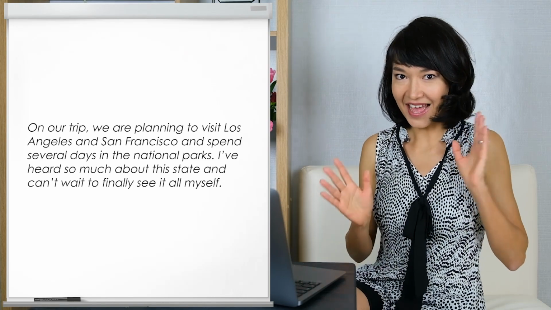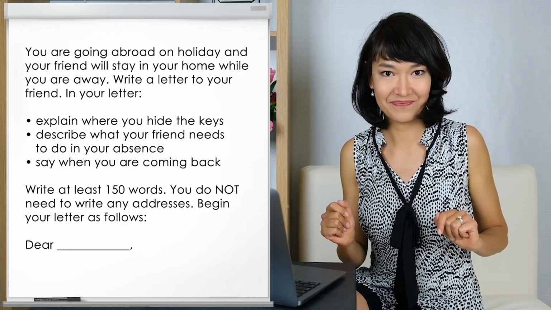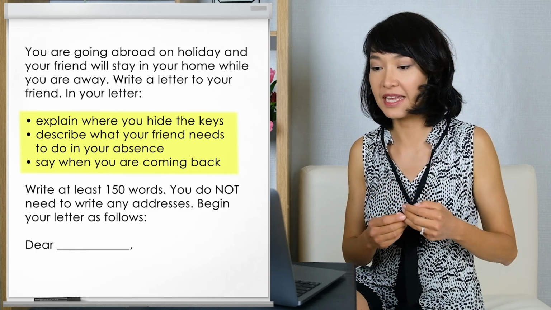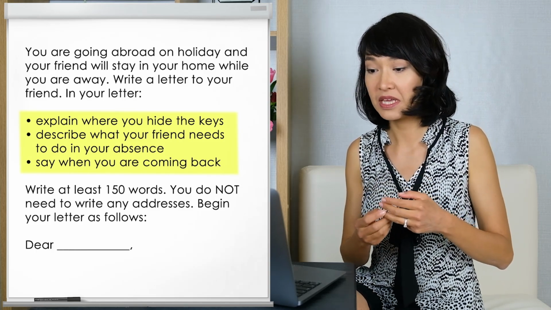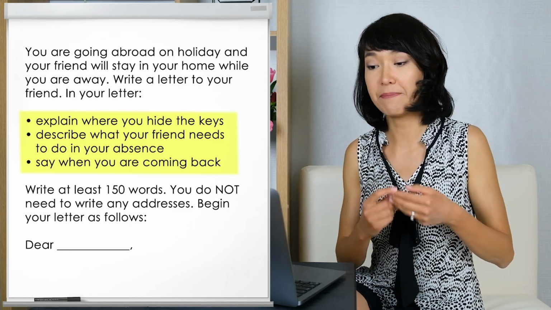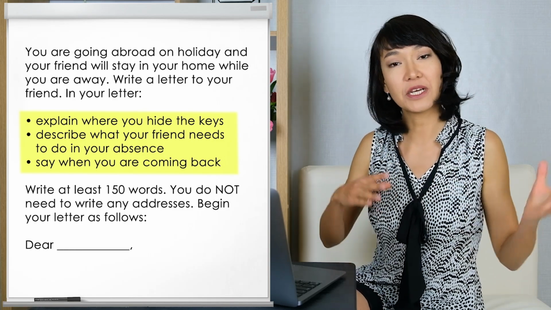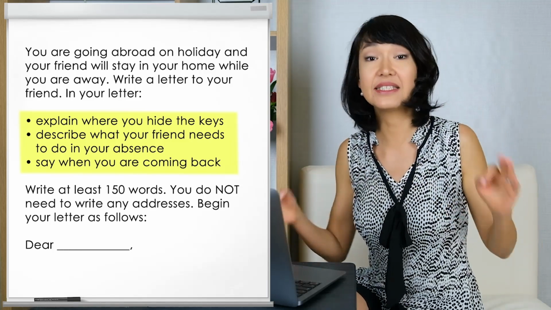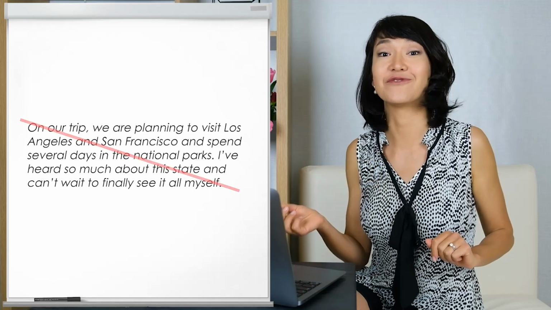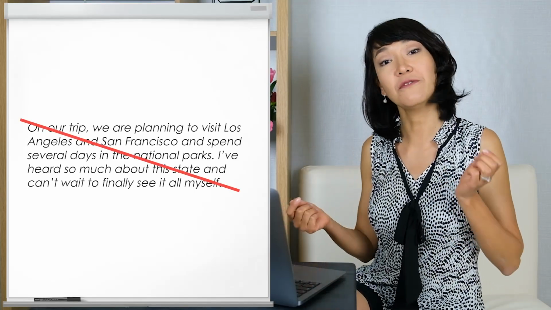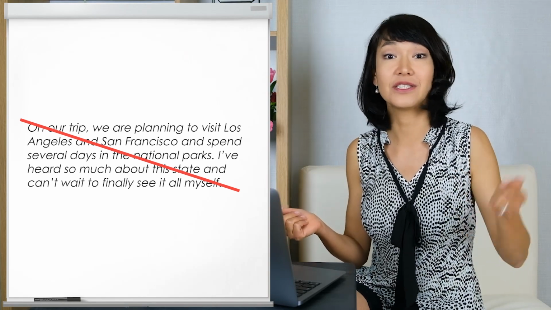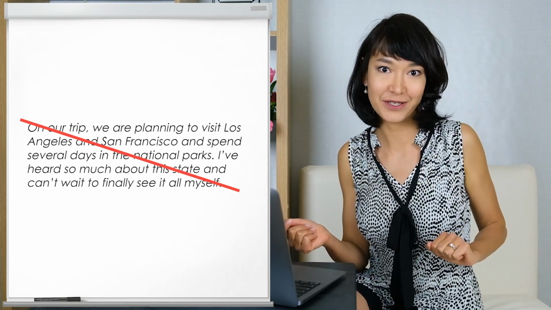Well, have a look at the task again. We have 3 bullet points. Explain where you hide the keys, what your friends need to do, when you're coming back. So what I'm gonna do on my holiday is completely irrelevant. The whole paragraph is irrelevant. And you should avoid irrelevant detail in your answer because otherwise you will lose points for that.